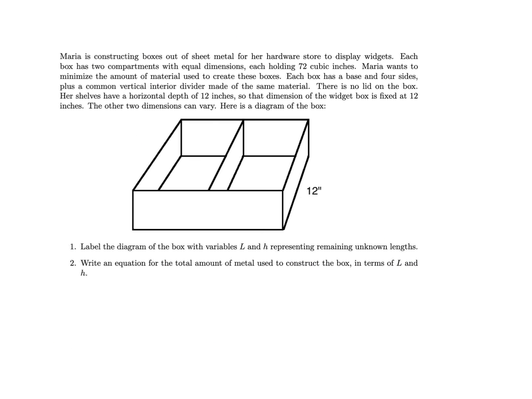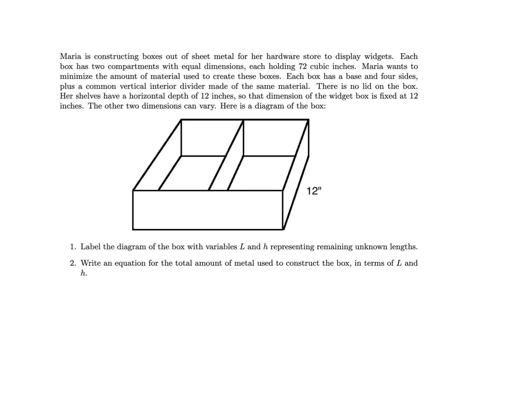Okay, our next problem is constructing a box out of sheet metal to display widgets in the hardware store. Each box has 2 compartments, here and here, and each holds 72 cubic inches, so that's a volume.